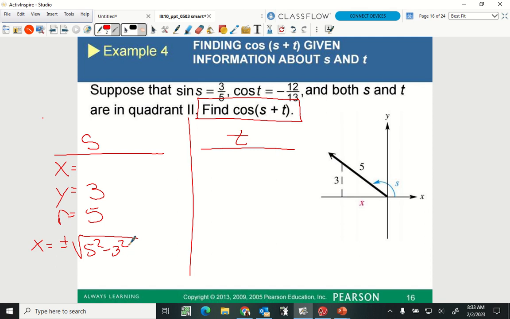At this point in your career in trigonometry, you should be able to do a little bit of mental math on this. So 25 minus 9 is 16, square root of 16 is 4, and it's plus or minus 4. Since it's in quadrant 2, it has to be minus. It's going to be a negative 4.